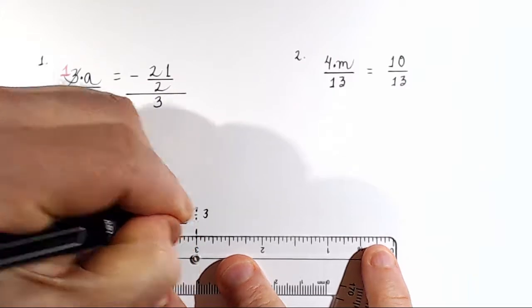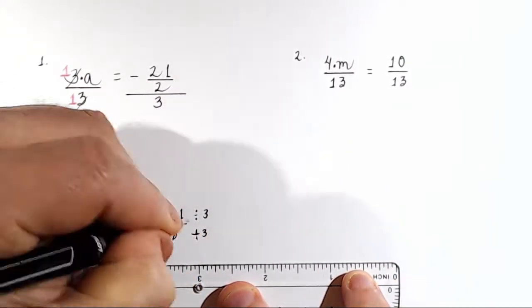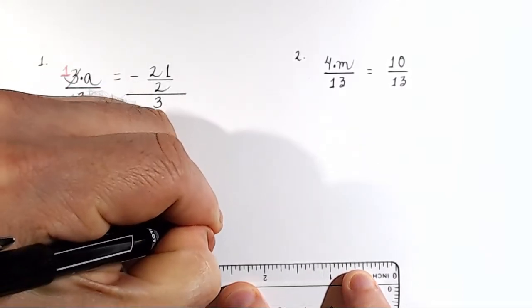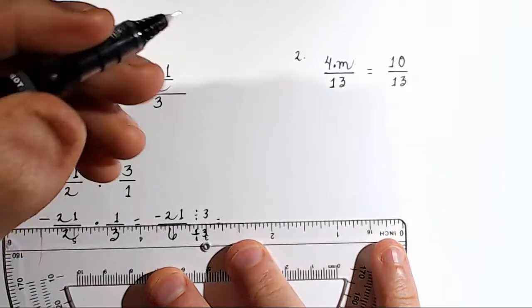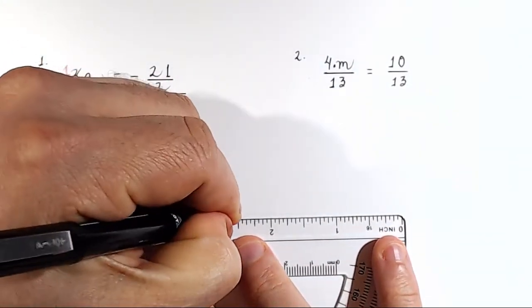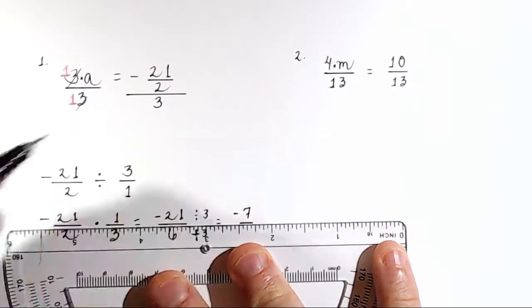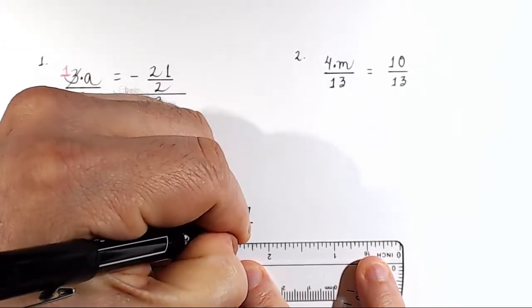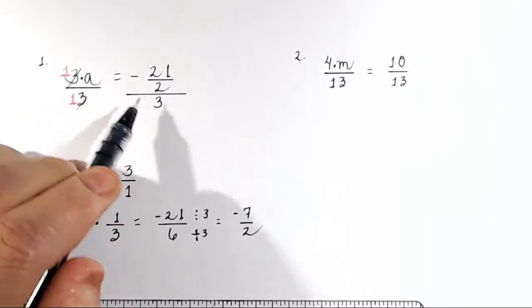So we'll divide the top and the bottom by 3. And what that gives us, on the top, negative 21 divided by 3 is negative 7. And on the bottom, 6 divided by 3 is 2. So you have completed the division right here.